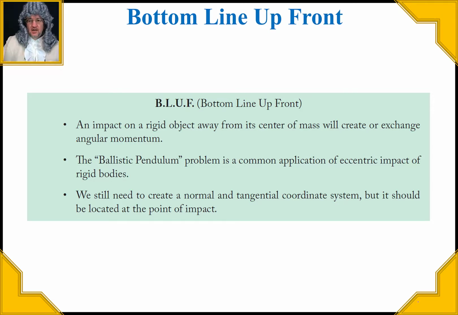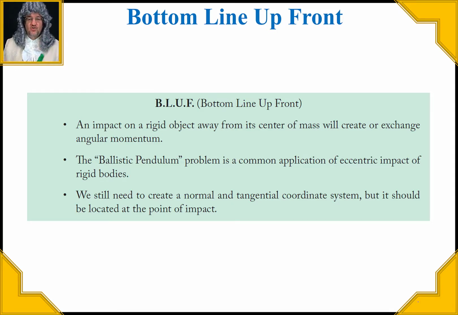When things hit each other coming at maybe different velocities, we had to take the point of contact. Now it's not going to be through the center of the pieces, but through the point of contact right there. And we still need to do that when it's a rigid body.